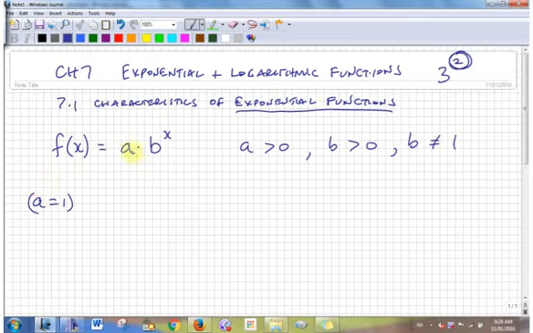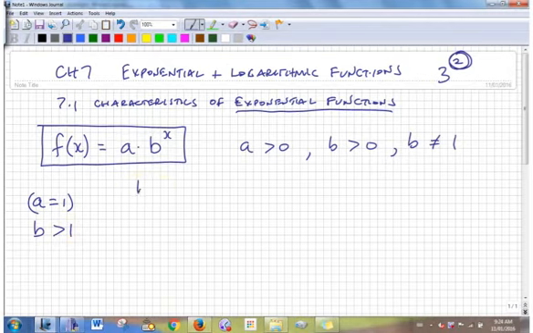So the first example we're going to play around with, I'm just going to let a be 1 in this exponential function. In other words, I don't need to worry about it. It's just going to be b to the power of x. I'm going to put a couple of graphs here, and we're going to see what happens. First, for values where b is greater than 1. So let's let b be 2.